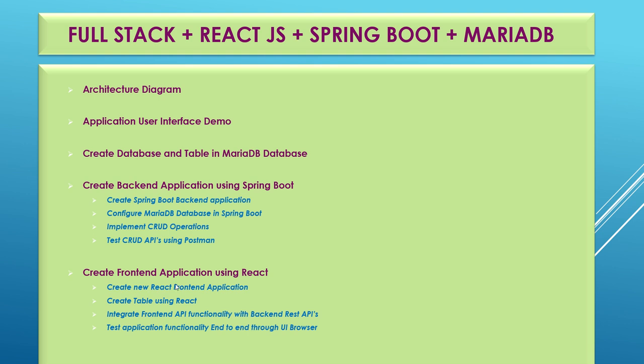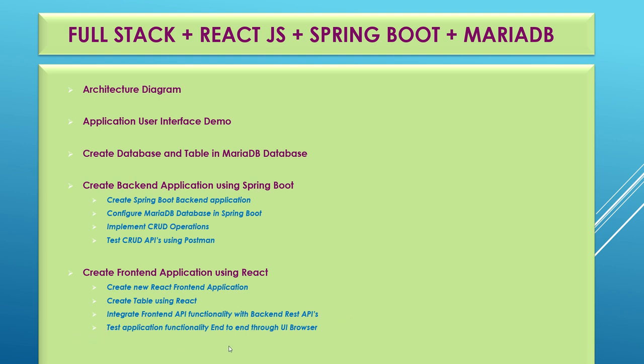Next we are going to create our front-end application using reactjs. Next we are going to create a table using React Table Library, and next we are going to create some integration functions with which we are going to interact with the backend REST APIs and get data or store data into the database.